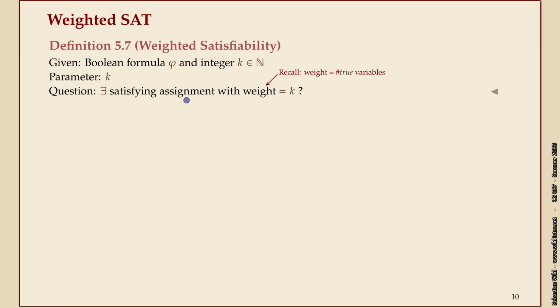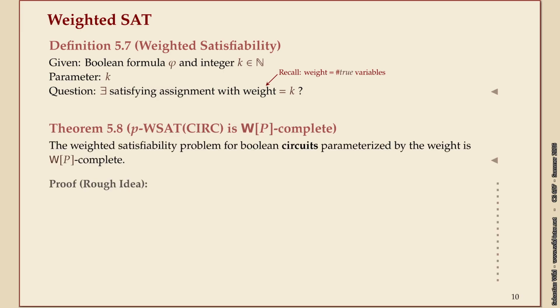And the question now is, can you satisfy the formula with an assignment that, okay, let's be strict, sets exactly k variables to true? And we call that the weight of the assignment. That's just the name that got stuck. The number of variables that are set to true.